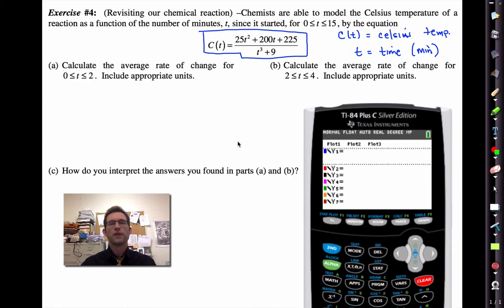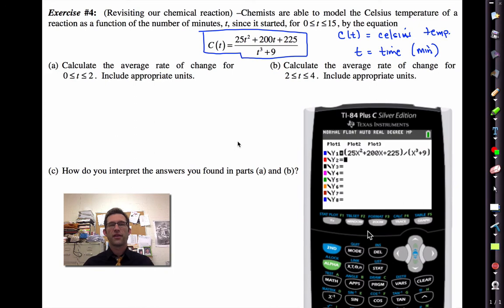So I'm going to be putting, parentheses, 25 x squared plus 200 times x plus 225 divided by parentheses x to the third, got to get out of that exponent now, plus 9 parentheses. All right, once I've got that function in there, I want to take a good hard look at it. I want to make sure I haven't botched anything. Okay, but it looks good.